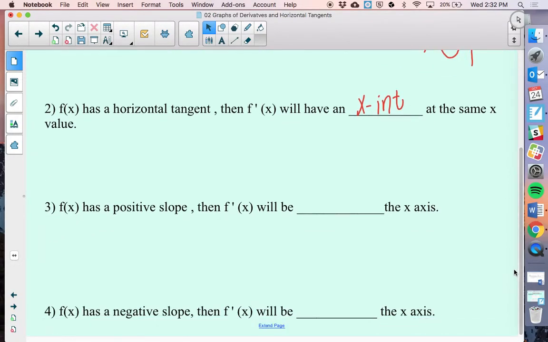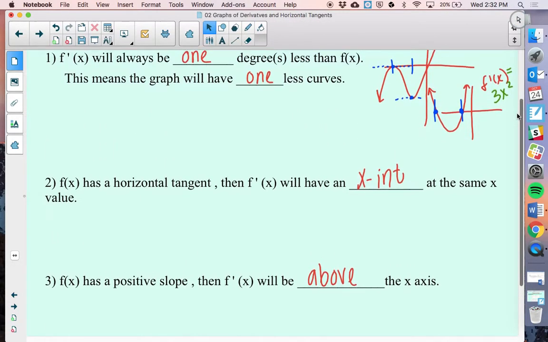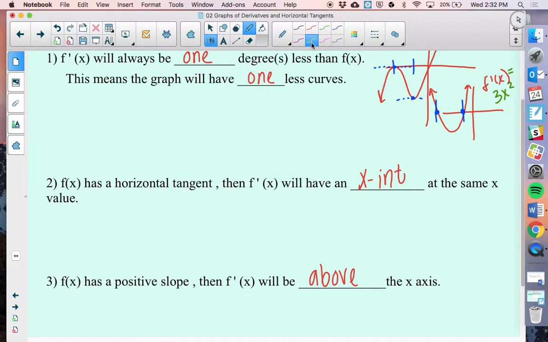All right, 3. If f of x has a positive slope, then f prime of x will be above the x-axis. And that's because, for example here, if the slope is positive here and the slope is positive here, that means that my derivative is positive.